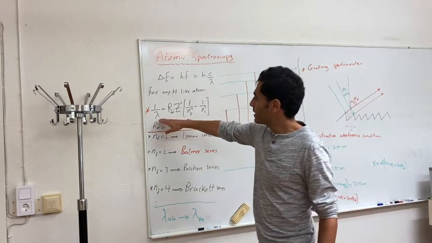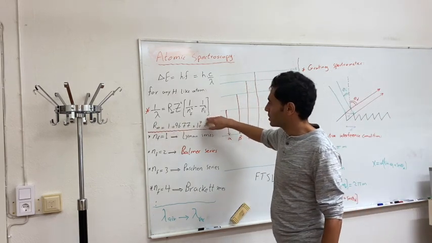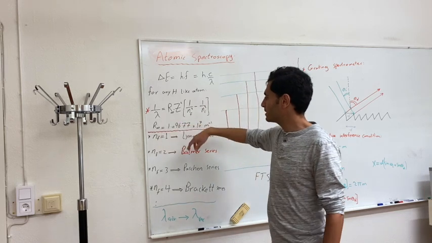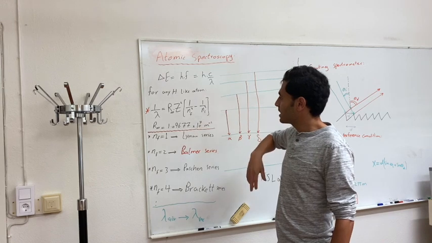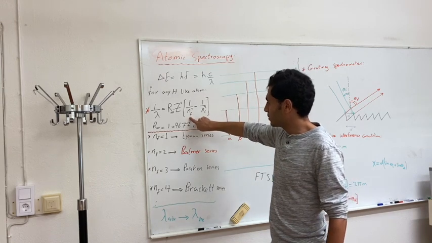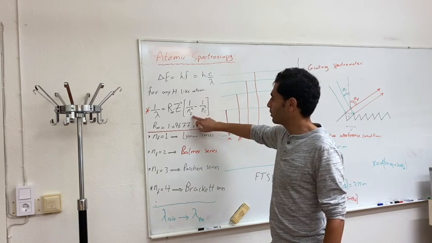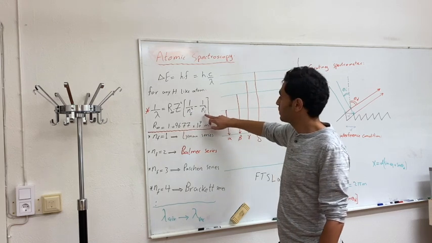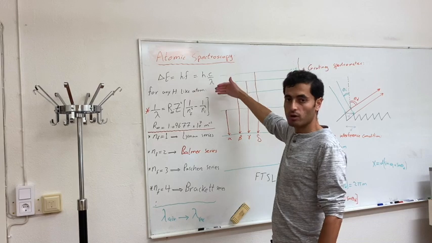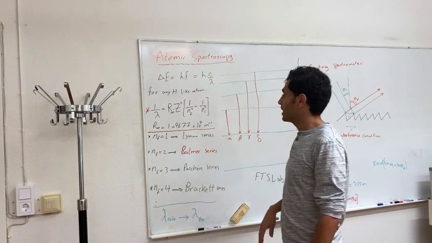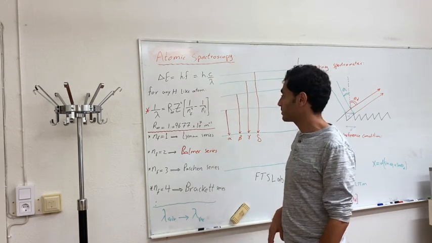So the formula that we will be using is very simple. It relates the wavelength of the emitted light to the two levels. And in our case, you will know what the two levels are. So in the case of the Balmer series, the final level will always be 2. And then you will see the initial levels from 3 to 4 to 5 to 6, depending on how well you're doing the experiment.